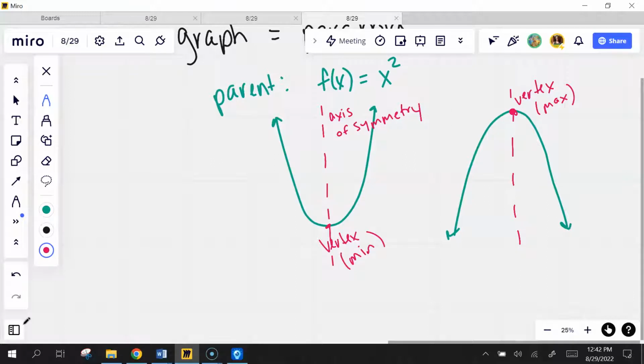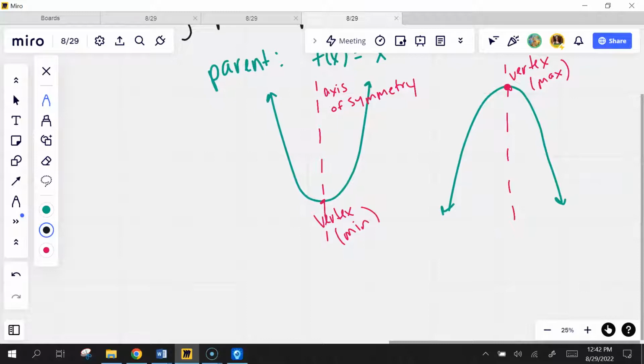Okay, now give me 3 ways I can write the equations. 3 ways, not the parent graph, but 3 ways I can write the equation of a quadratic. Vertex form is one of them. What does it look like?